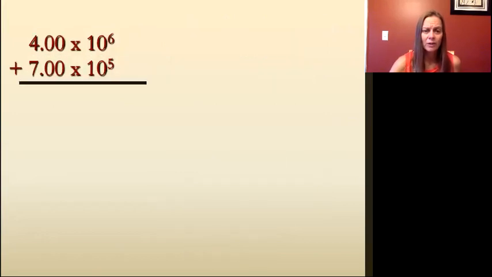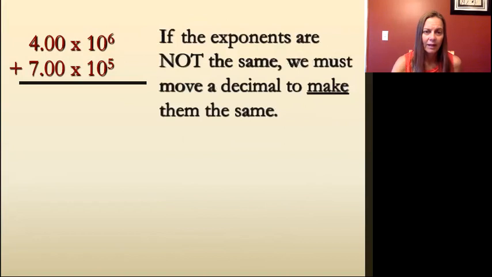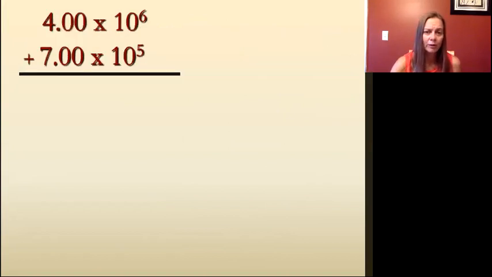It's a little more challenging when we have numbers whose exponents are not the same. If the exponents are not the same, we have to move a decimal to make them the same. So we always want to move the decimal on the smaller number. So remember, which one is the smaller number? The one with the smaller exponent. So 7 times 10 to the 5th is smaller than 4 times 10 to the 6th.